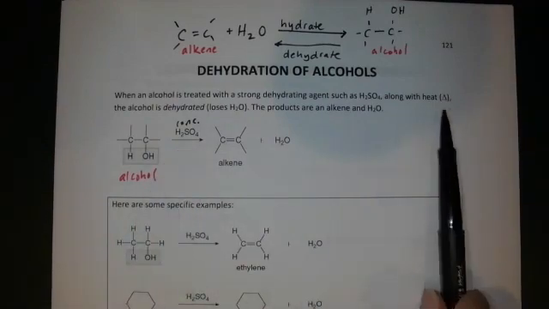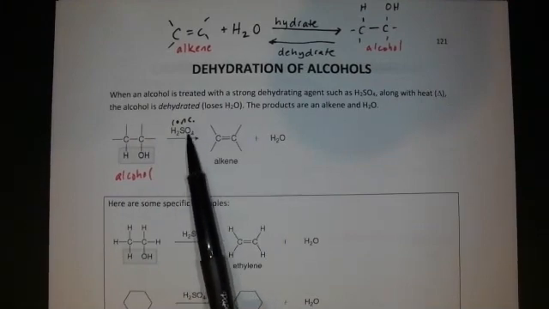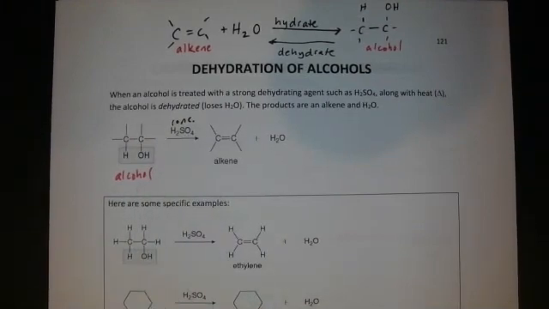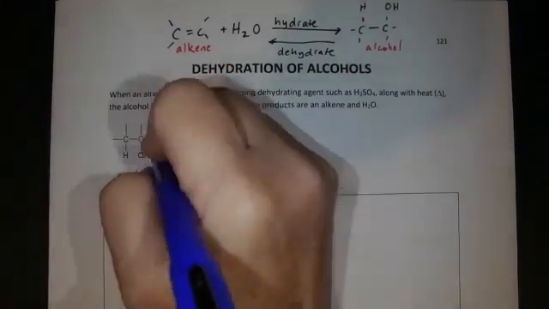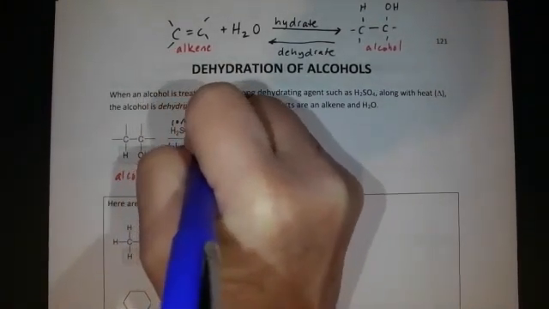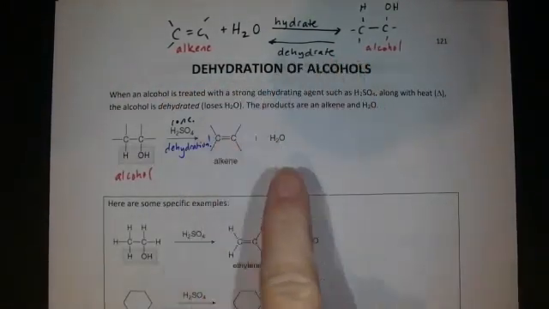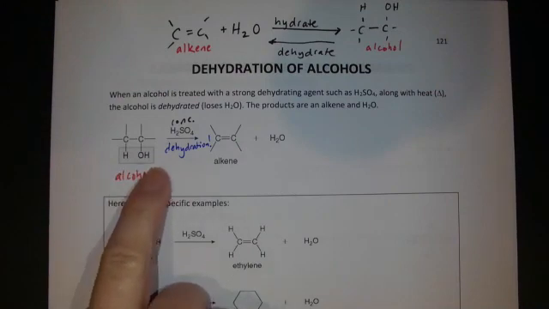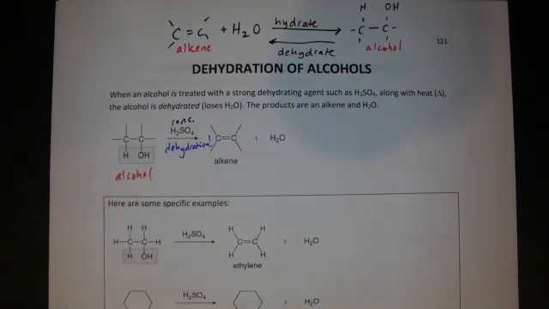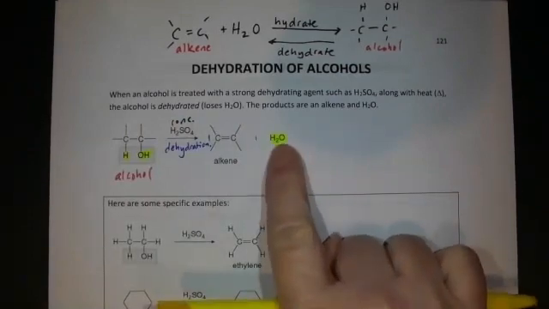Sometimes you'll see the triangle, which is a symbol for heat, but when you see concentrated H2SO4, that will mean it's a dehydration. So I'll write this, I'll say, aha, that means dehydration. And when you dehydrate, it's the opposite of hydration. We are removing water. So remove H, remove OH, which means definitely that H and that OH make water. Definitely water will be a product.